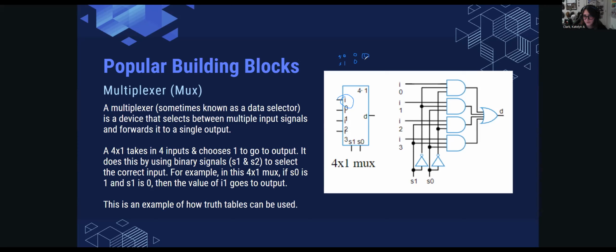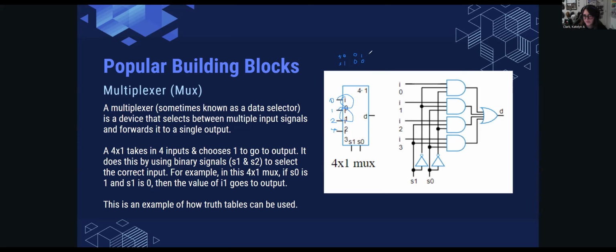Then we're going to have 0. No, we'd have 1, 0, because this is the 0th place. And that's going to select I1. Think of these as 1, 2, 4.